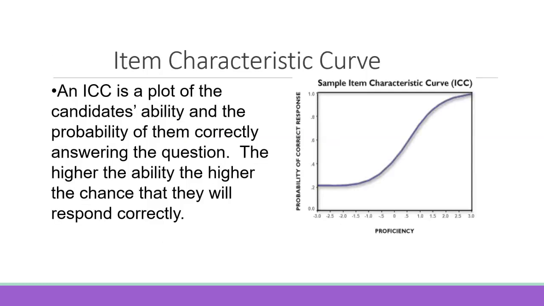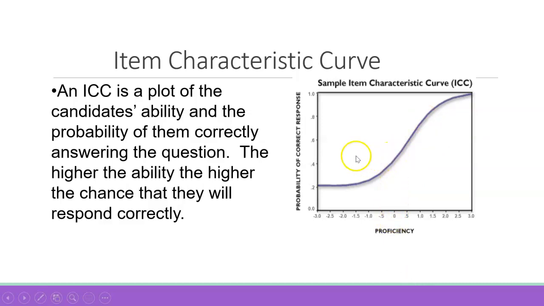So here's an example of an item characteristic curve, or an ICC. And what it's doing is plotting the curve with this probability. So in this example, we'll look at 0 as the median ability or proficiency. So about half of the people would be right here in the middle.